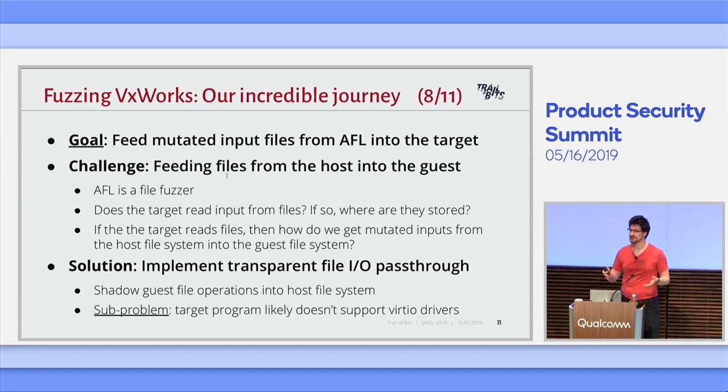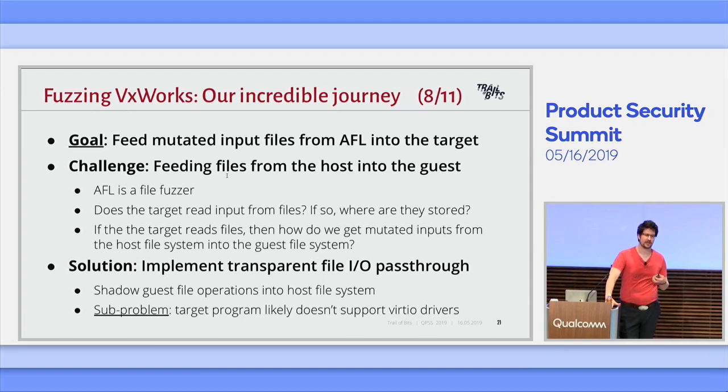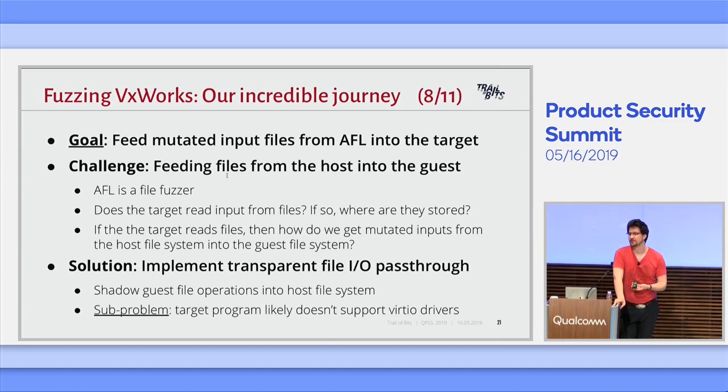So we can't just load a driver in there that's ready to take our inputs. So we needed to make basically a transparent I/O pass-through mechanism. We needed to get bytes from the host into the guest, and our approach to this was modeling at the function level.